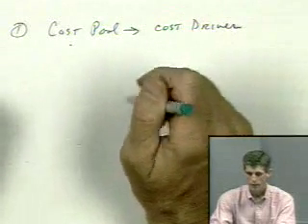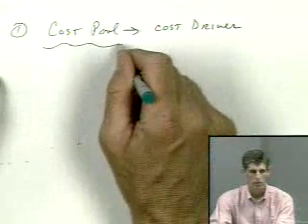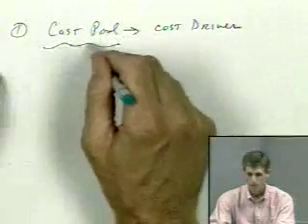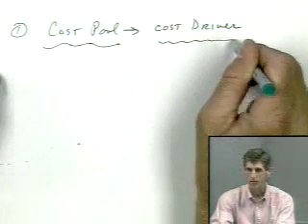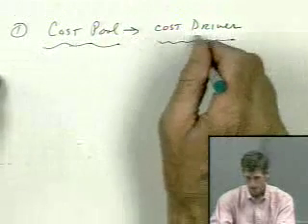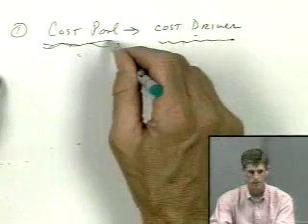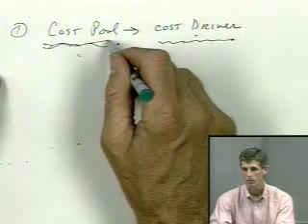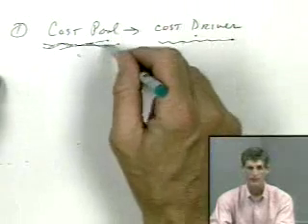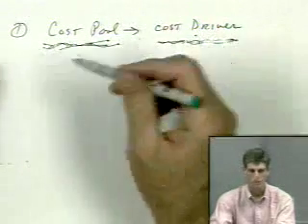So the magic here is not to be able to isolate the cost pool, but to be able to isolate the cost pool in conjunction with the cost driver. You can't do one without the other, but you have to start someplace, right? And usually you start by isolating a cost pool and trying to figure out, okay, how do we link it? But if you can't link it, go back to the drawing board. Because without a cost driver, the best cost pool in the world doesn't do a darn bit of good.